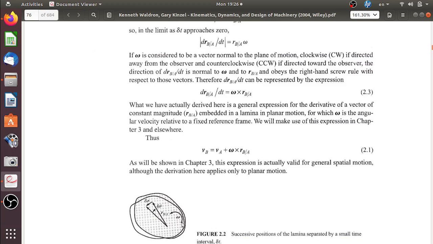If it's counterclockwise, then the vector is facing towards us, and if it's clockwise, it's going into the screen. That's the right hand screw rule which we are using. So that's our equation which represents the relation of relative velocity.